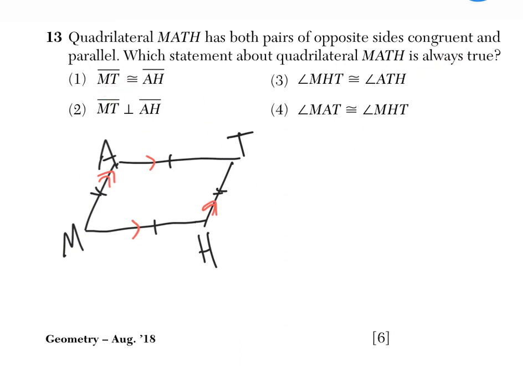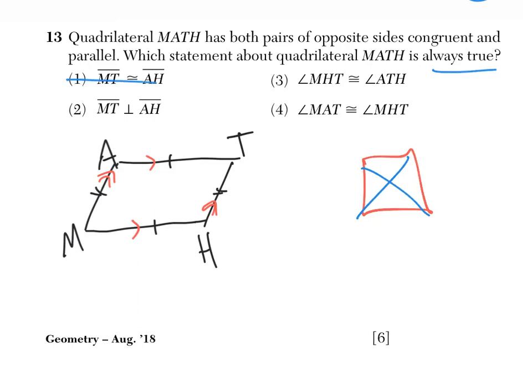So it says that MT, which is this diagonal right here, is congruent to EH. No, that's not always true. It's true if it was a square, right? So if this was a square, it would be true, but it's not always true. So we're going to eliminate option number 1.